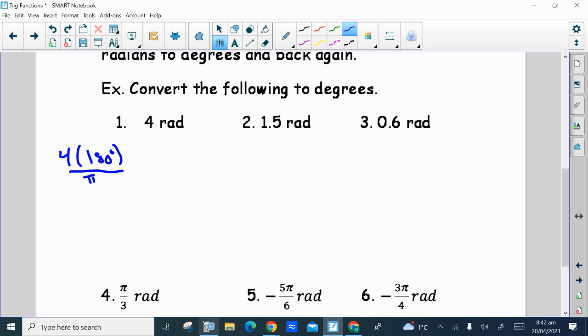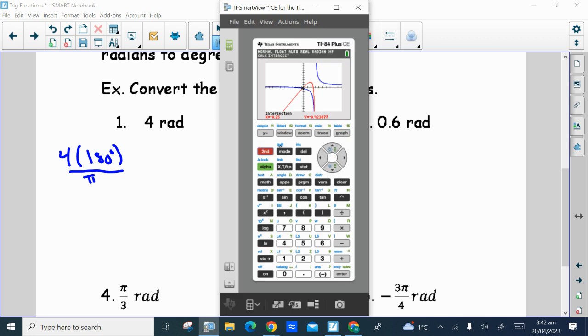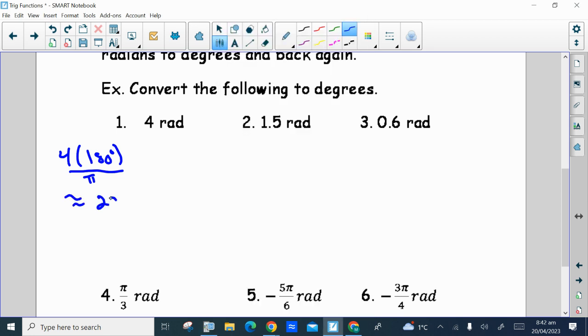This will give you a bigger number. So 4 times 180 divided by pi is 229 degrees approximately. And we'll have to round that because pi is an irrational number.